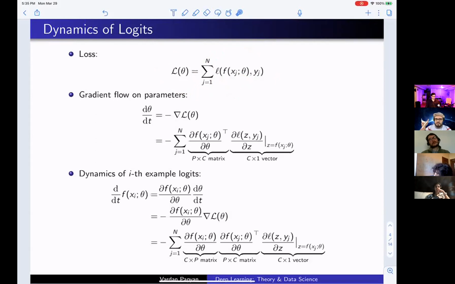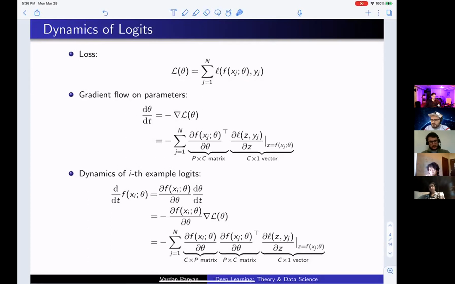Theta is a vector of parameters. Imagine that we look at gradient flow of parameters instead of gradient descent. What is gradient flow? Gradient flow is just a differential equation which goes into the minus gradient direction at all times. You can think of it as gradient descent as you take the step size to 0.